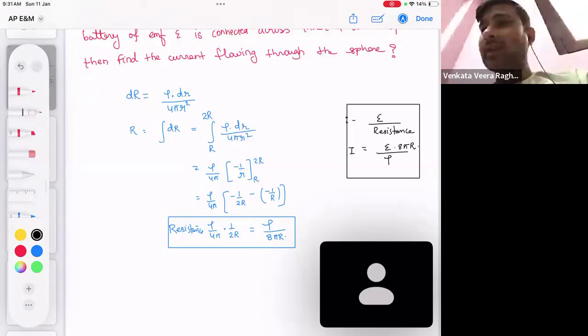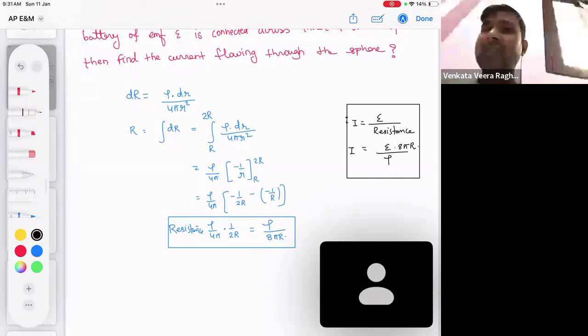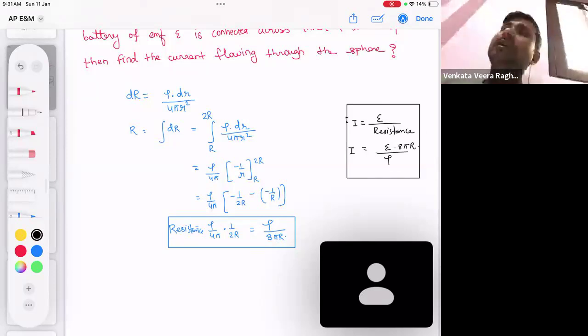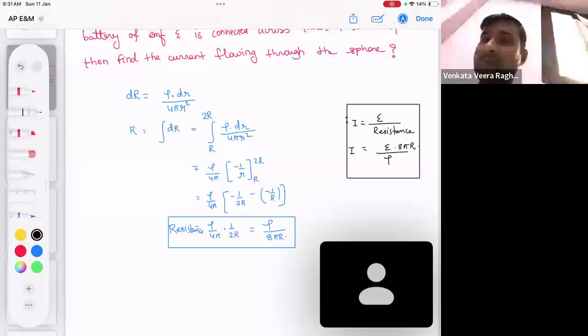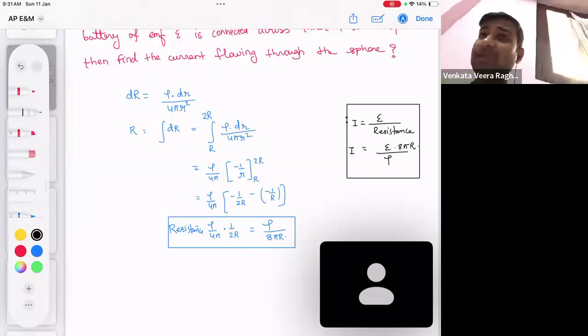Okay. How do we calculate the resistance? So the definition of resistance says that resistance will be equal to rho L by A. If everything is constant in the question, just write rho L by A. But sometimes the area will be changing. Sometimes in the question, rho will also be given as variable, isn't it? It's possible in the question that sometimes rho is also given as a variable.